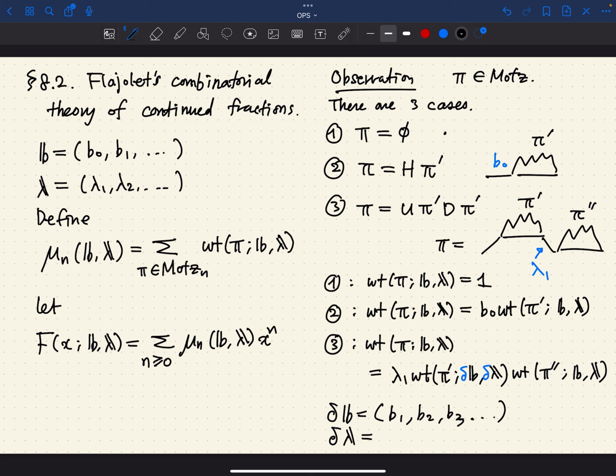If you apply delta to lambda, you just shift the lambdas by 1. Then it's going to be right. Originally, this would contribute lambda 1, but lambda 1 becomes lambda 2, so it will be lambda 2. So everything is fine.